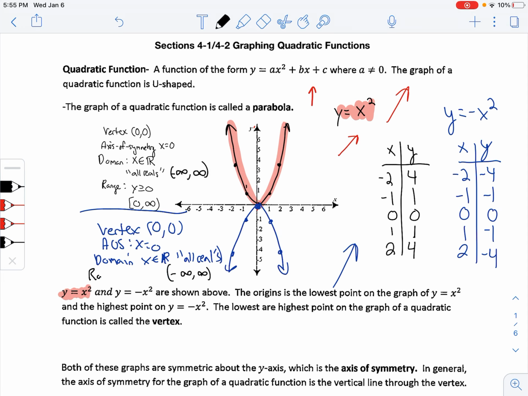And the range is y is less than or equal to 0 for this one, which is the same as saying it goes from negative infinity to 0. I'll stick with one method of writing the domain and range, and I'm just going to stick with this way from now on.